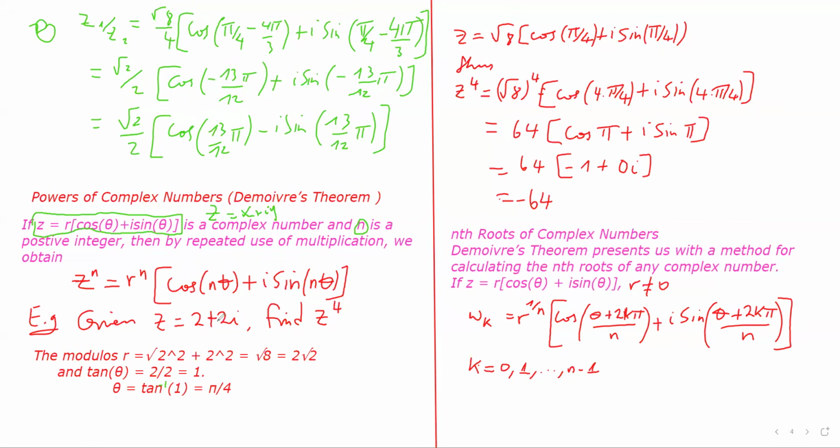So for example, if you have z equal to 2 plus 2i, and you want to find z^4, first convert this into a polar form.